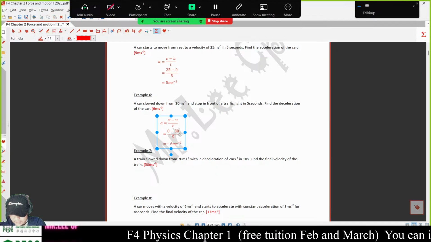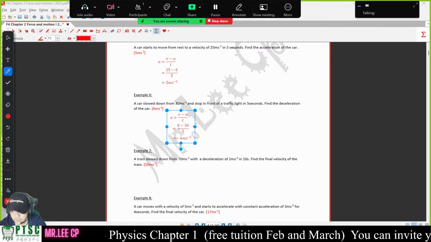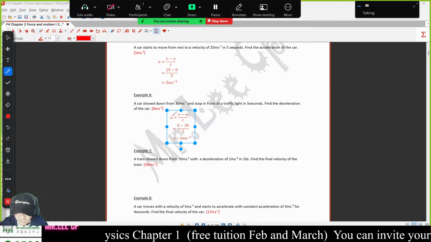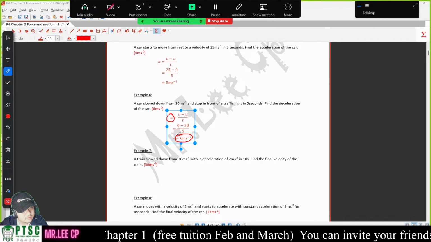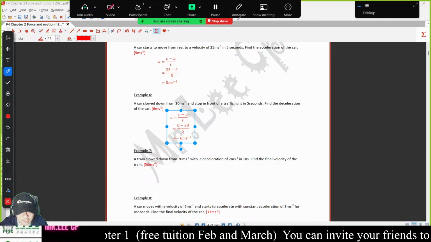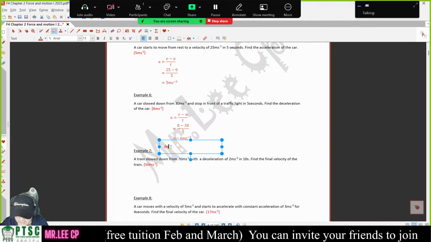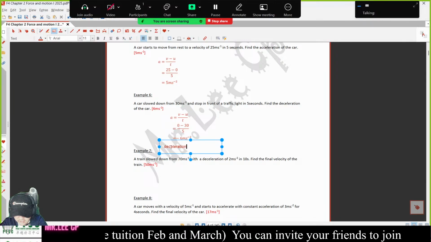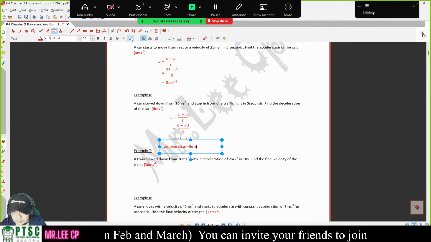But the question is asking you to find the deceleration. We know the acceleration is negative 6. So the deceleration will be 6. You need to rewrite this.